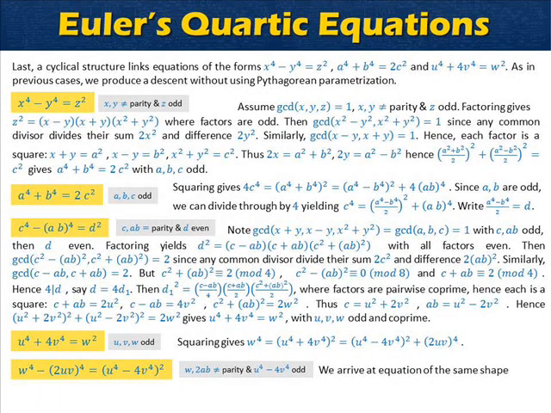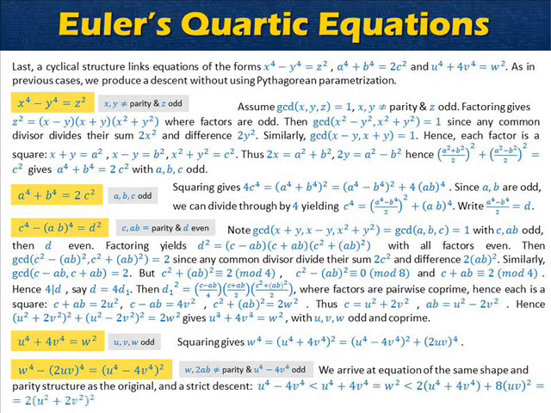We arrive at an equation of the same shape and parity structure as the original and a strict descent, since u raised to the fourth minus 4 times v raised to the fourth is smaller than w squared, which is smaller than 2 times c squared, which is smaller than z squared, since c squared is equal to x squared plus y squared, and x squared minus y squared is bigger or equal to 3.